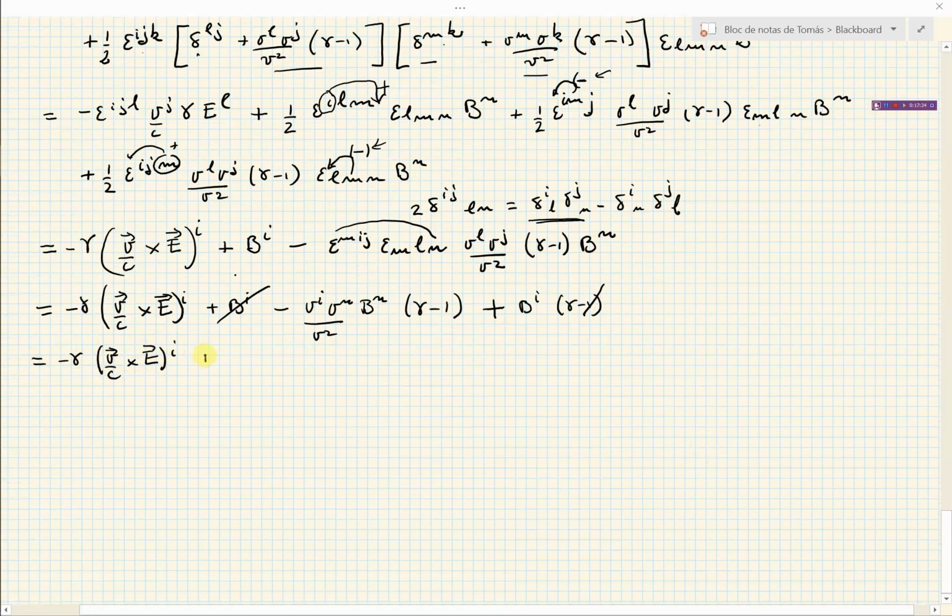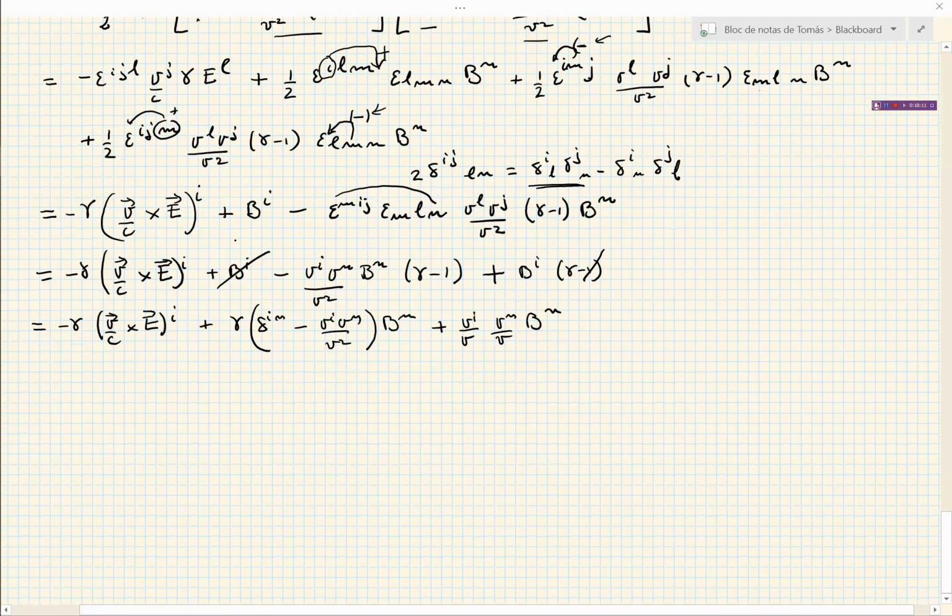Then the factors that have a gamma is plus gamma, and then we have B_i, or let me write it like this, delta_{in} together with this one, minus V_i V_n divided by V squared, V_n, which I know is B orthogonal, the orthogonal part of B, and then the last term is plus V_i divided by V, V_n divided by V, V_n.